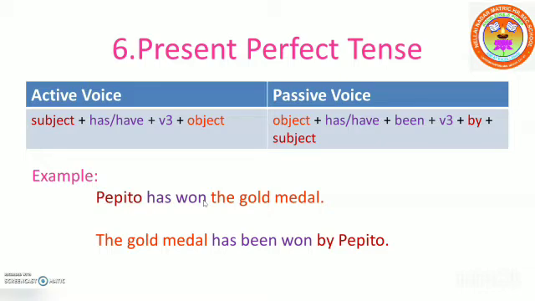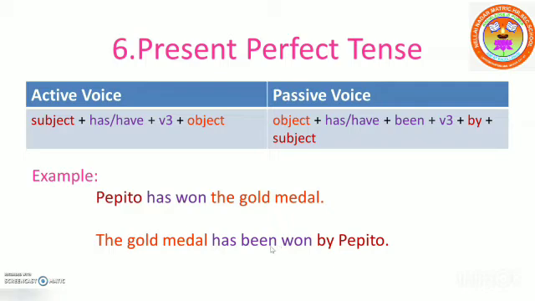And one is the V3 form, the past participle. In all the perfect tenses, we use past participle in active voice as well as in passive voice. Passive voice: The gold medal has been won by Pepito.